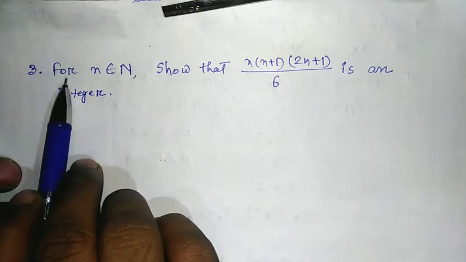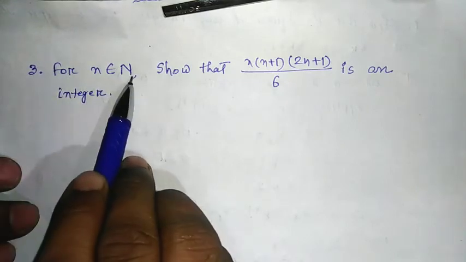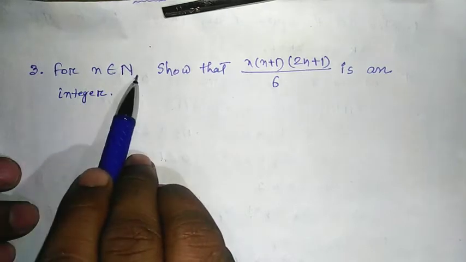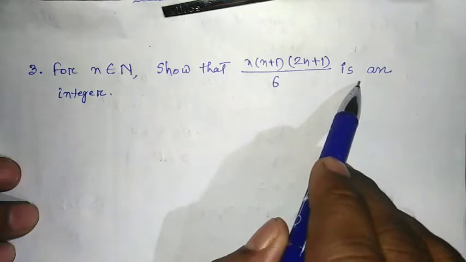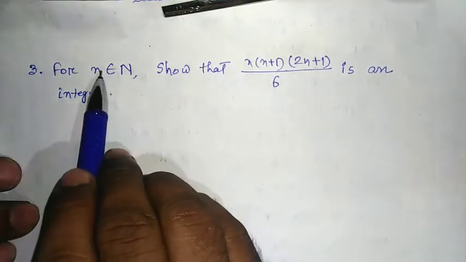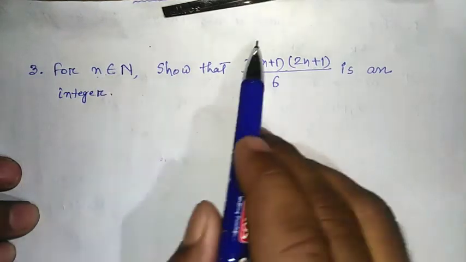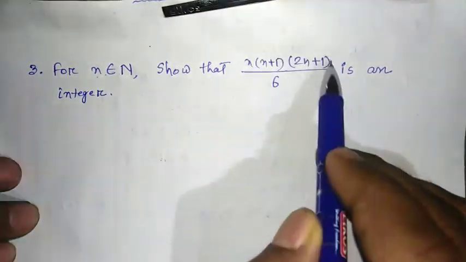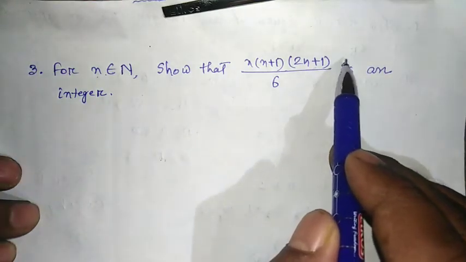So question number 3 is that for n belongs to capital N, that is n is a natural number, show that n into (n plus 1) into (2n plus 1) divided by 6 is an integer. That means if small n is a natural number, then this whole number is an integer also. We have to prove this.